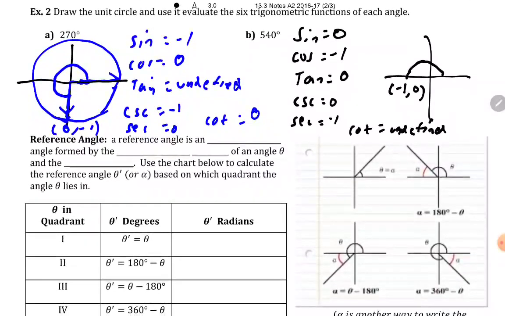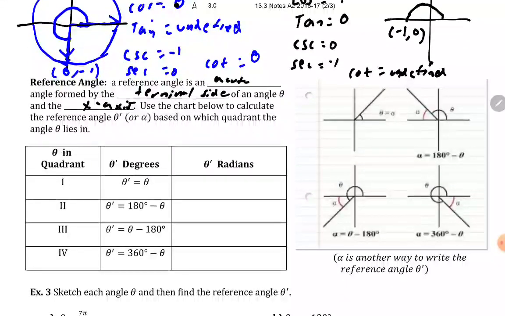A reference angle is an acute angle formed by the terminal side of an angle and the x-axis. If it's in quadrant 1, your degrees and radians are the same.